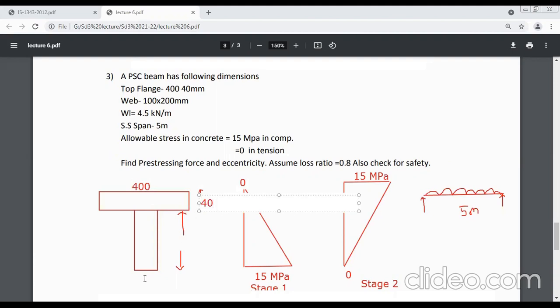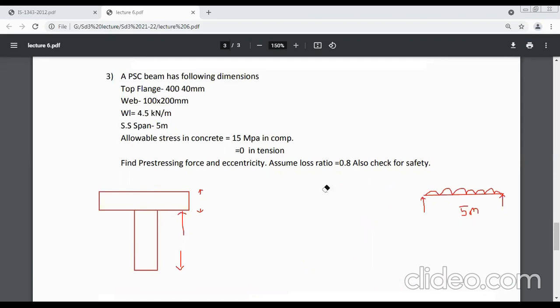The web size is 100 by 200. Now we calculate the Y bar.